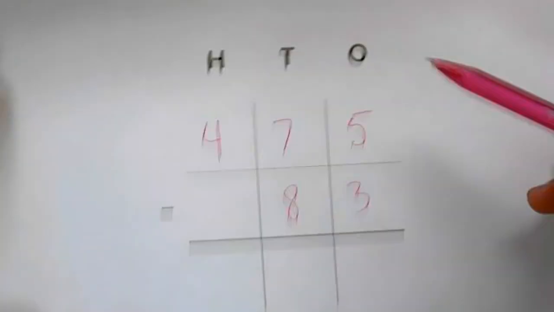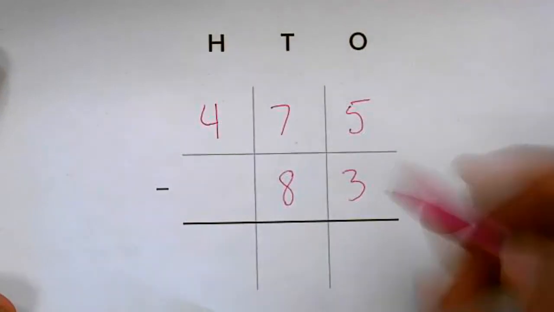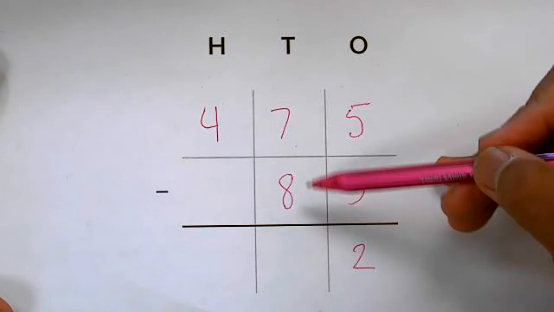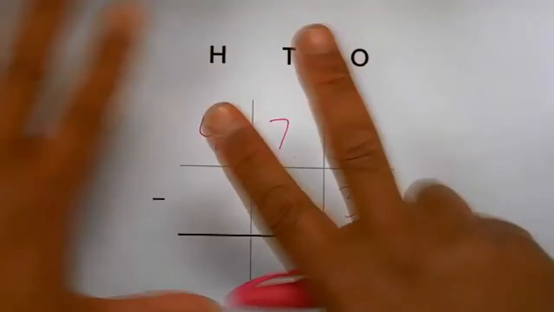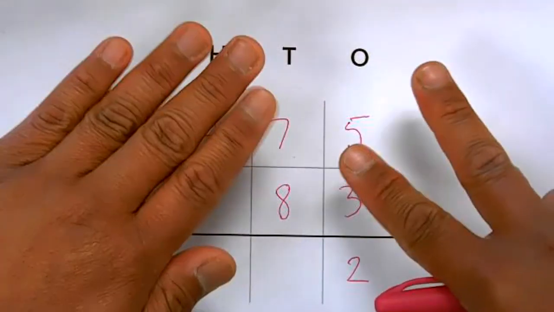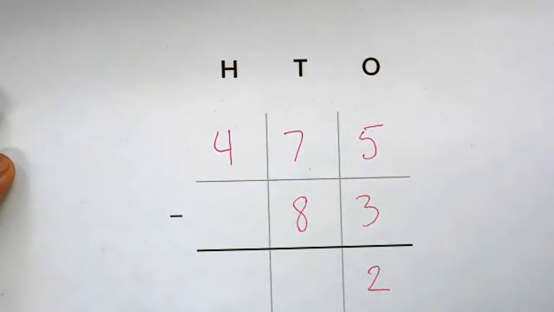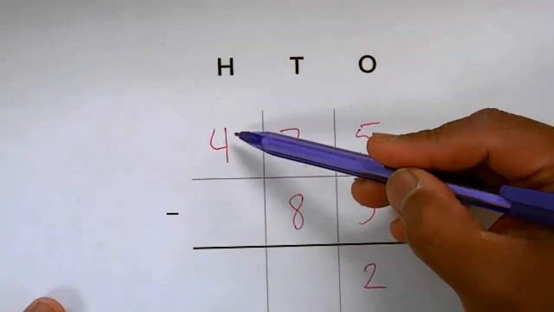Let's go ahead and subtract our ones first. 5 minus 3 is, that's right, it's 2. Now 7 minus 8, we cannot do that. I have 7, this is my 7 fingers. I cannot subtract 8 from it. So Miss McCarthy showed you last week, you have to break down hundreds.